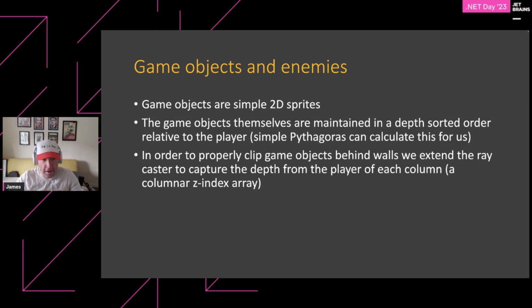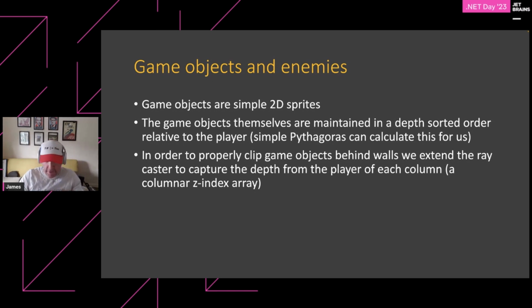Again, this was a little bit complicated for me to get my head around at the time. But the other thing we also do, sorry, I'm mumbling a little bit, is that we don't want enemies to show through walls. We want to clip them, and we need to clip them really cleanly, so that if you have a wall, you're on a corner, you can perhaps only see part of the enemy. So we need to clip them.